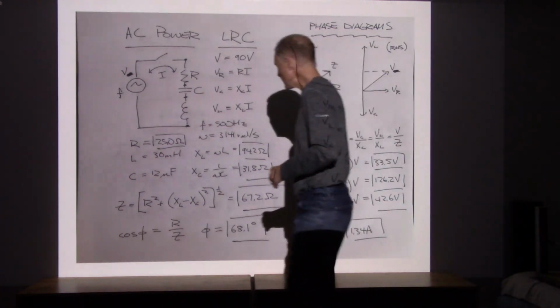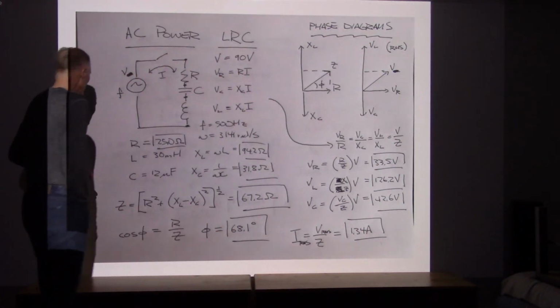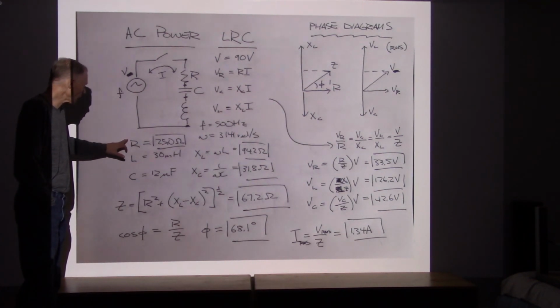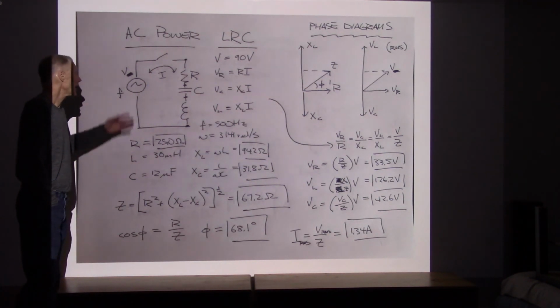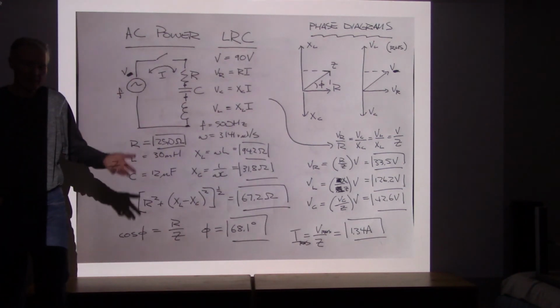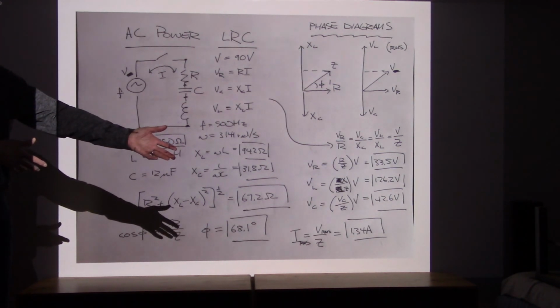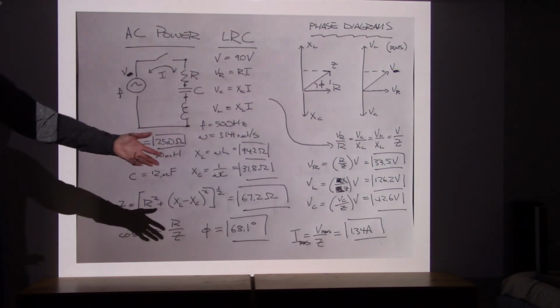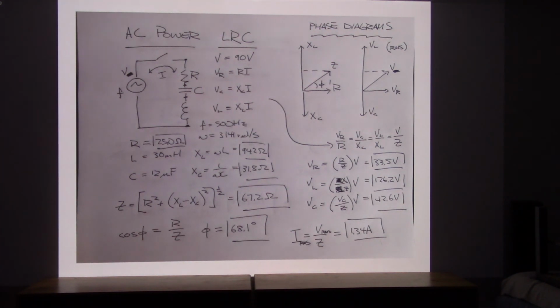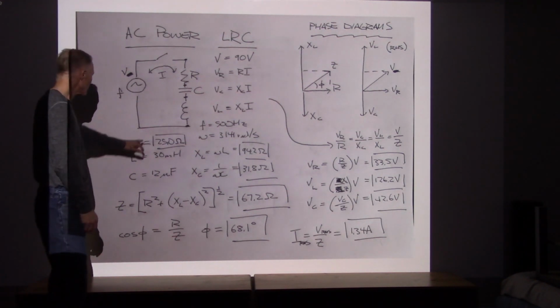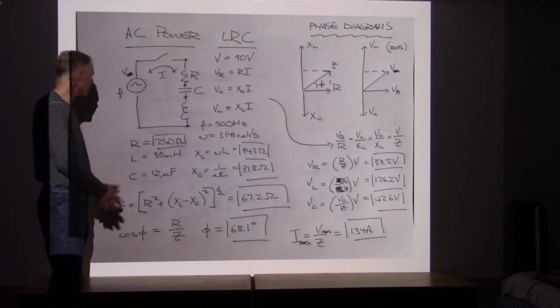First thing I can see in the problem is, they gave me the values for R, L, and C, and what I need to do is determine the total impedance of the whole setup. How much impedance do I have in this? Well, the resistance is already taken care of, that's 25 ohms.